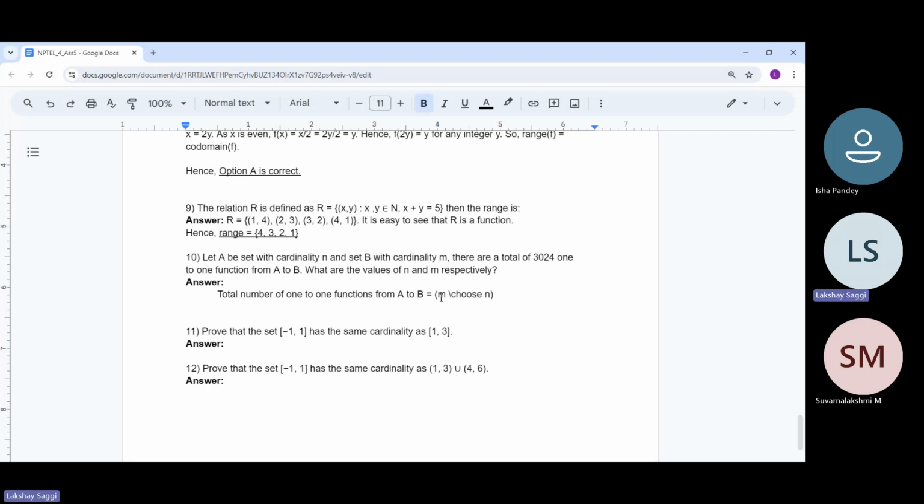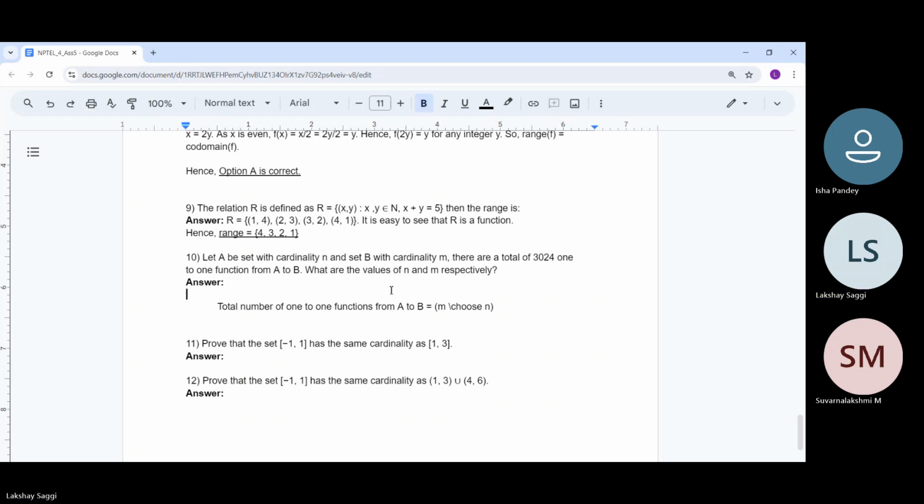Maybe one thing to note first: since we are interested in finding the one-to-one functions from A to B, if there exists a one-to-one function from A to B, then the cardinality of B will always be greater than or equal to the cardinality of A. Because every distinct value of A should correspond to a distinct value of B, right?